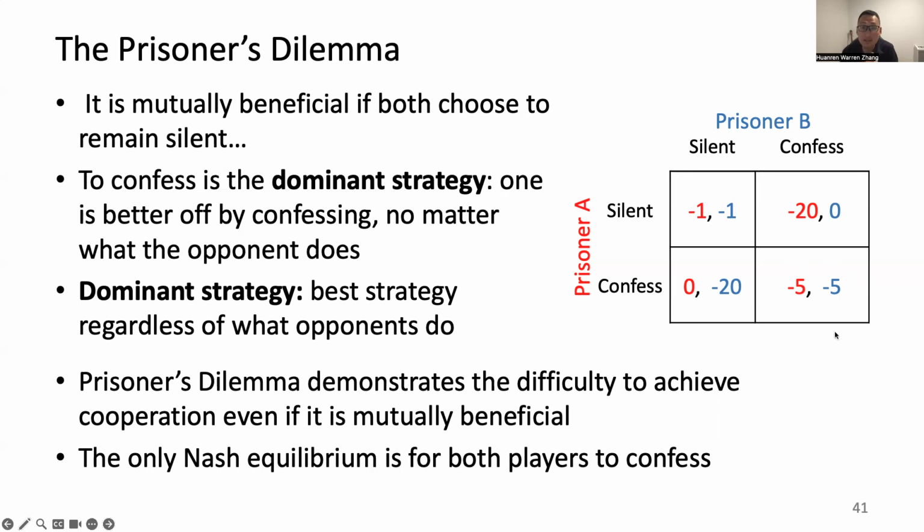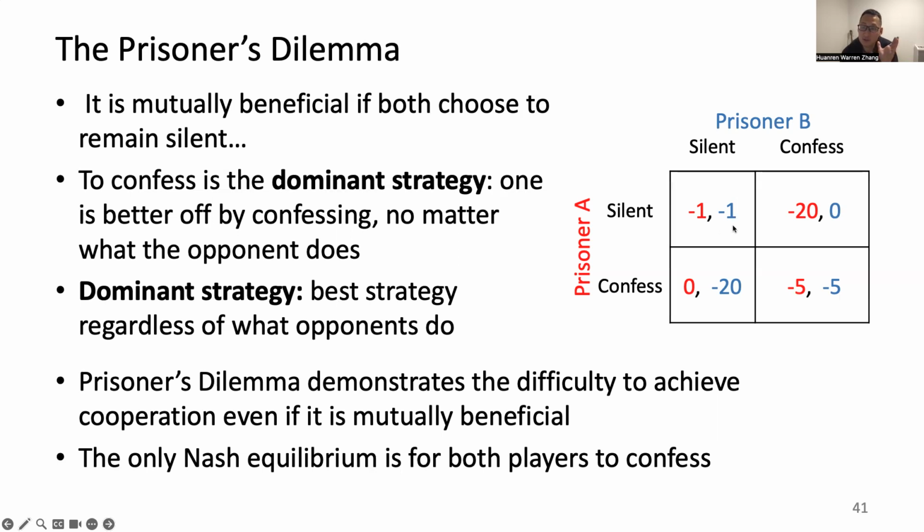Let's reason through this game. You see the best outcome for the two prisoners is for both of them to keep silent. Then they are able to get free after just 1 year in prison. So here is a good outcome for both players.